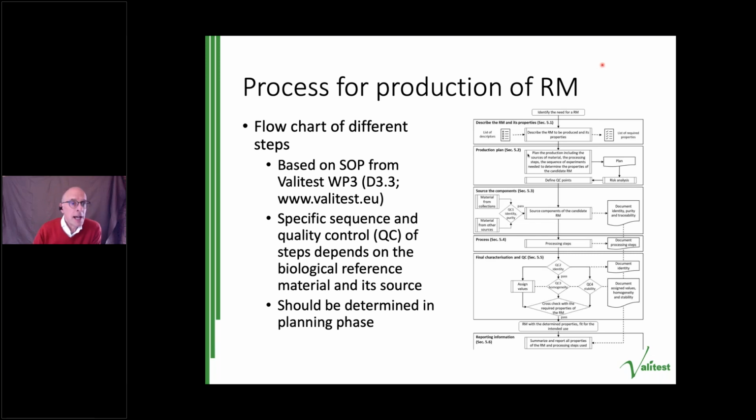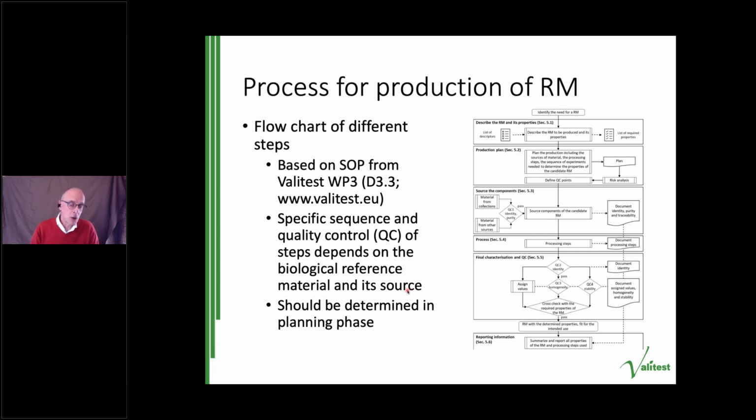And the essence of this whole procedure and standard operating procedure is that you have a specific sequence and quality control steps, and you have to follow them. But the sequence and the steps that are necessary also depend on the biological reference material and its source.